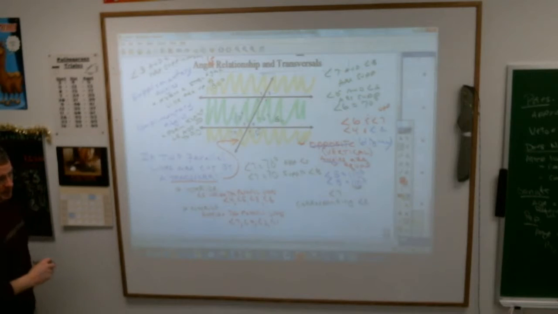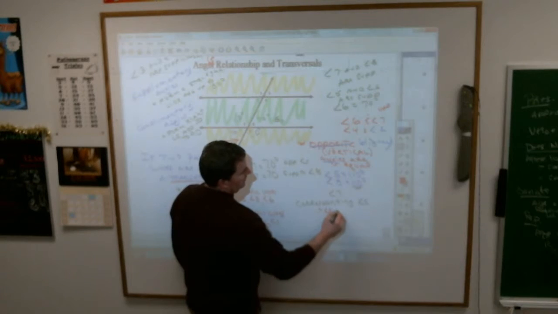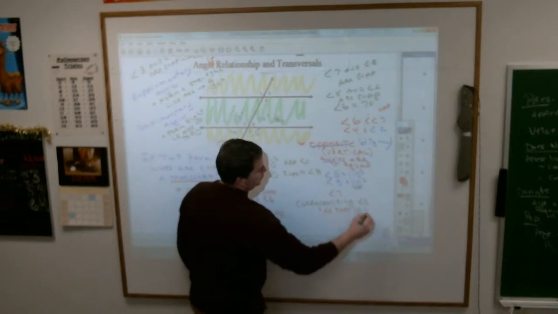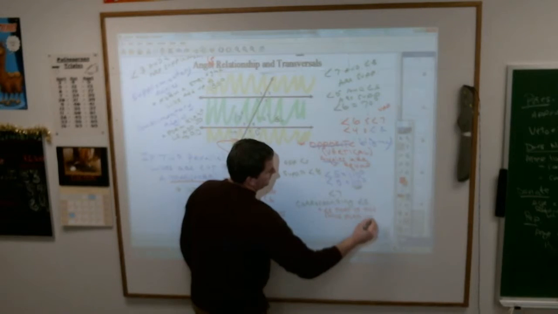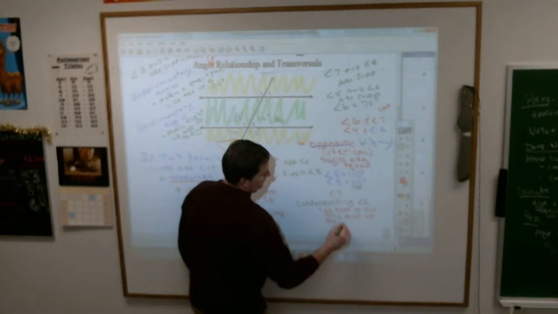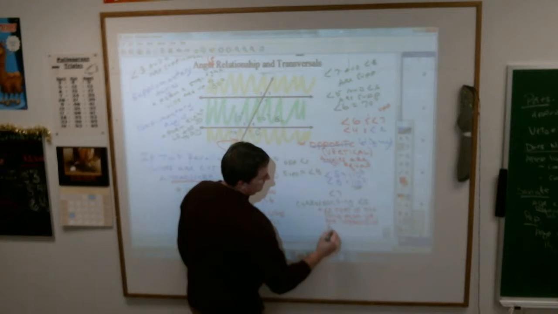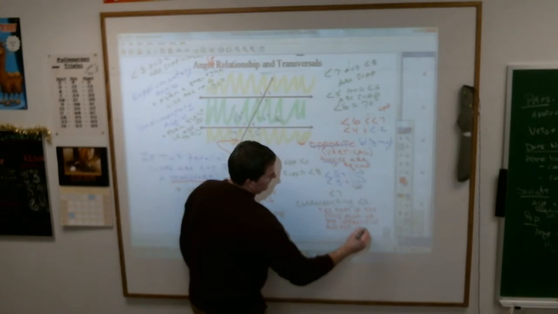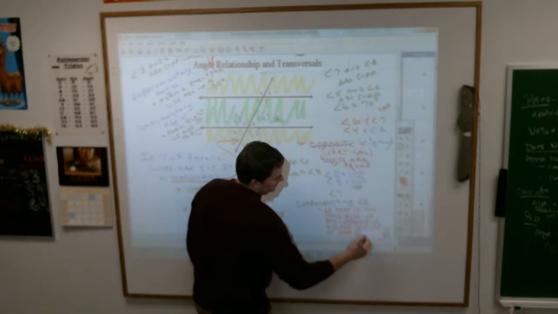No easy way to talk about this, but for corresponding angles, think about the angles that if you could pick up one intersection and put it on top of the other, they are the angles on top of each other. Angles that line up with each other.